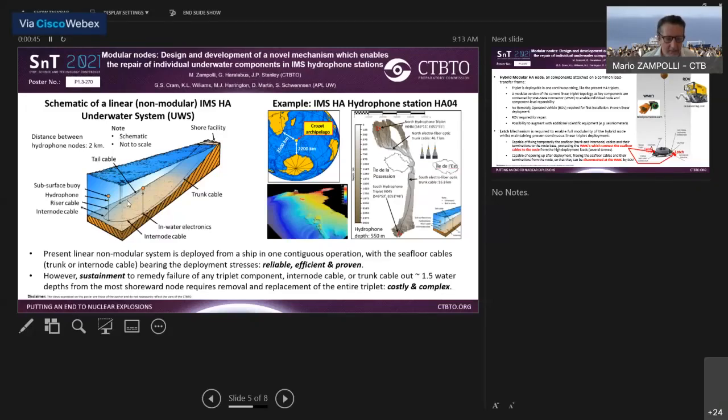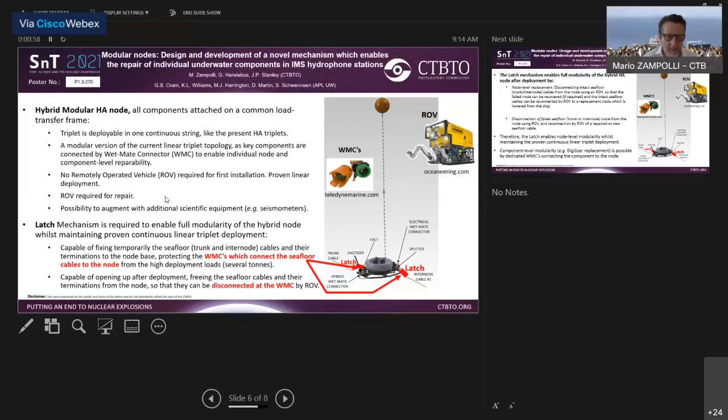However, if anything breaks in any of these systems, if there's any issue, you either leave it as is, or you have to remove the entire triplet and replace it, which is a lot of effort and also bound to be very expensive.